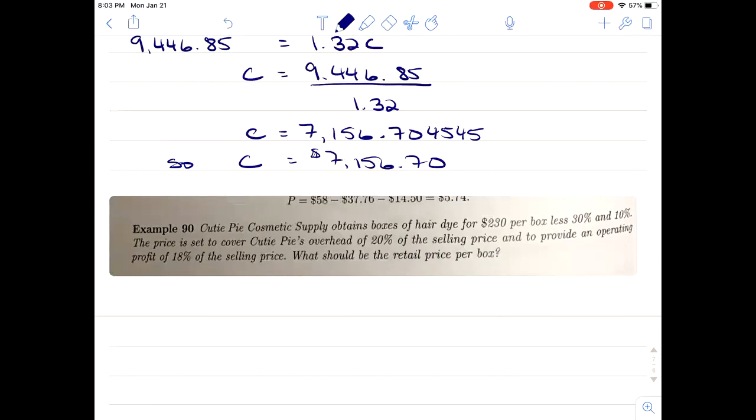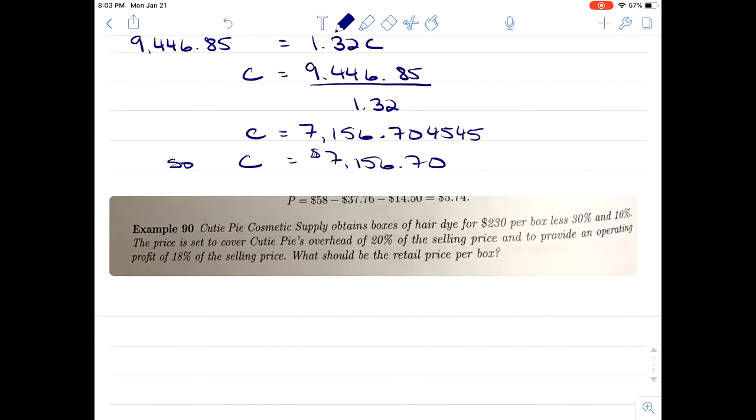Cutie Pie Cosmetics Supply obtains boxes of hair dye for $230 per box, less 30% and 10%. So keep that in mind. The price is set to cover Cutie Pie's overhead of 20% of the selling price and to provide an operating profit of 18% of the selling price.